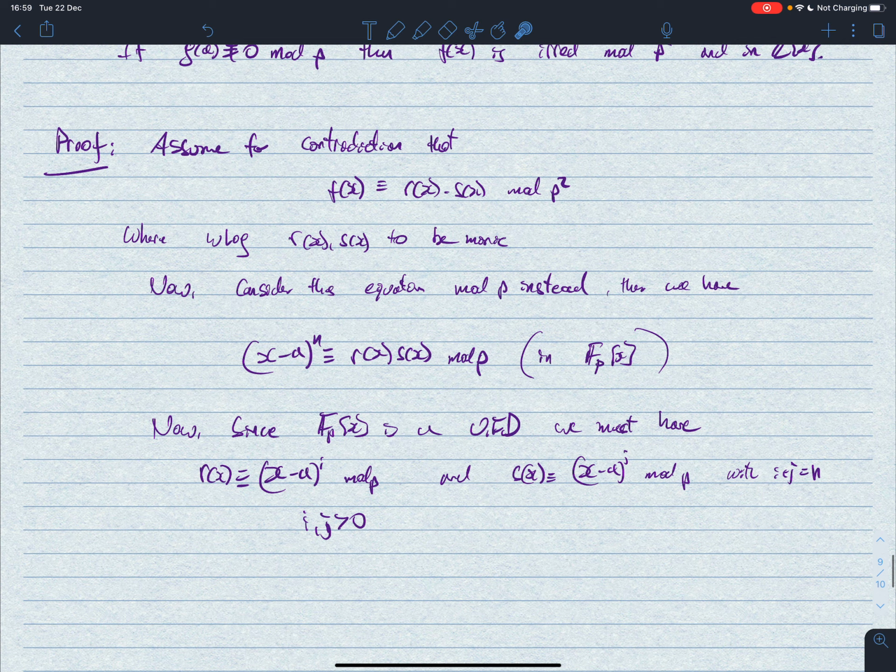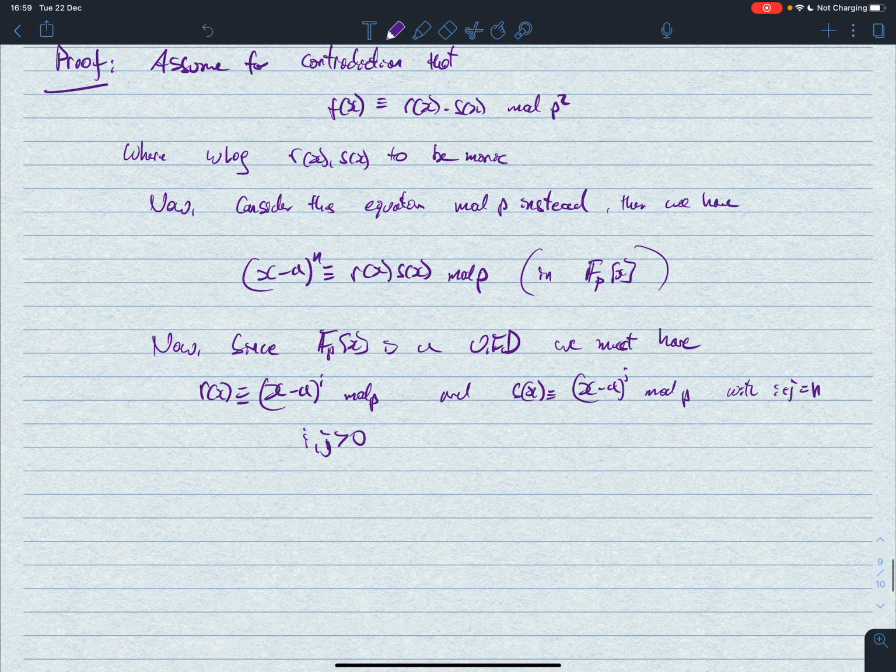So now take this equality and evaluate this at x equals a.